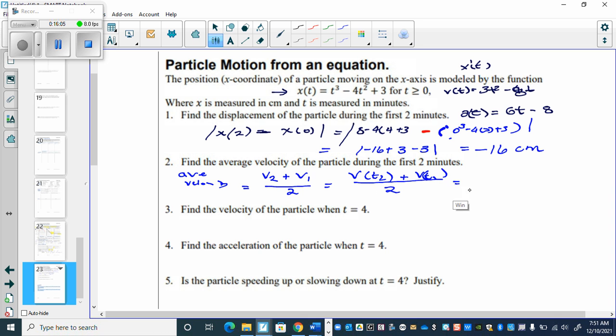And here I'm going to plug this in. Here's my velocity function, and I have to be really careful because sometimes I make mistakes when I get distracted, and that just happens.